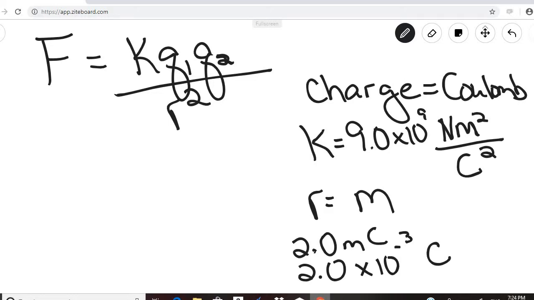So let's look at a problem. This is example 13.1 in your textbook.